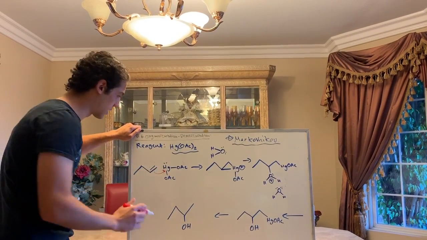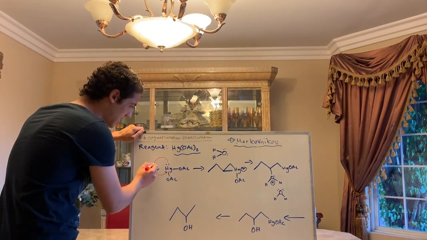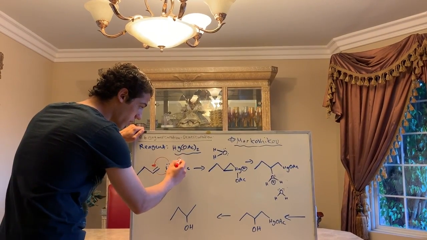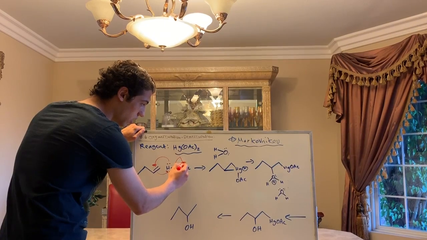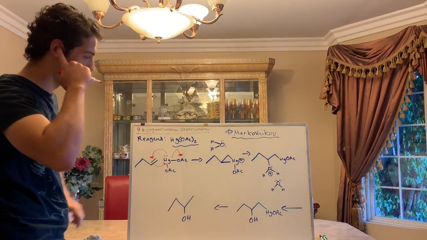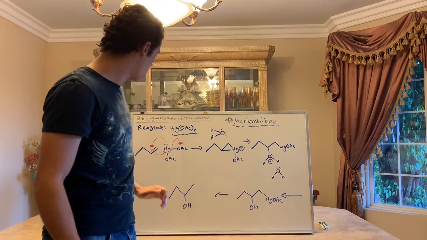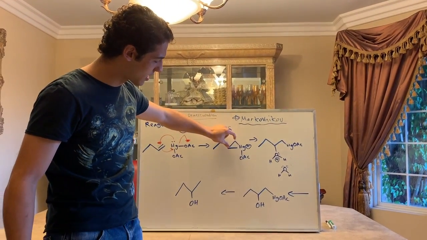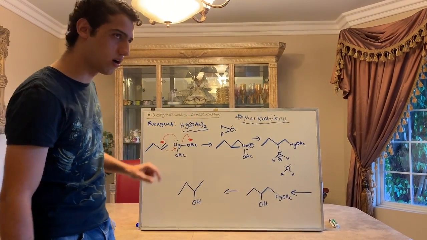Like an SN2 mechanism, this lone pair comes and attacks that alkene at the same time and breaks one of the bonds with the OAc.